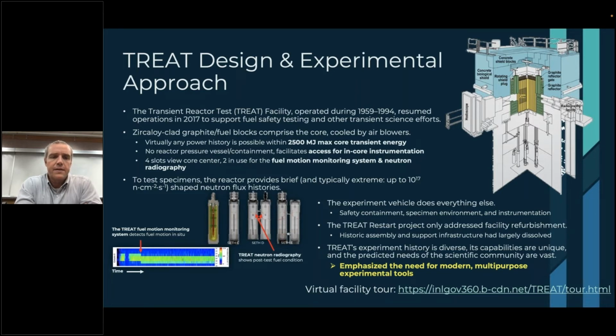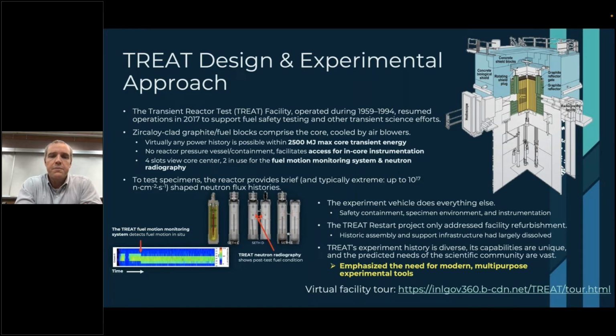I'll talk about that in a later slide. There's no reactor pressure vessel. So I already said it's air cooled, but that really doesn't serve a safety function. This is a really nice aspect of the TREAT facility that facilitates things like in-core instrumentation, lead outs, putting things in and out of the core with ease. In general, it's very accessible.